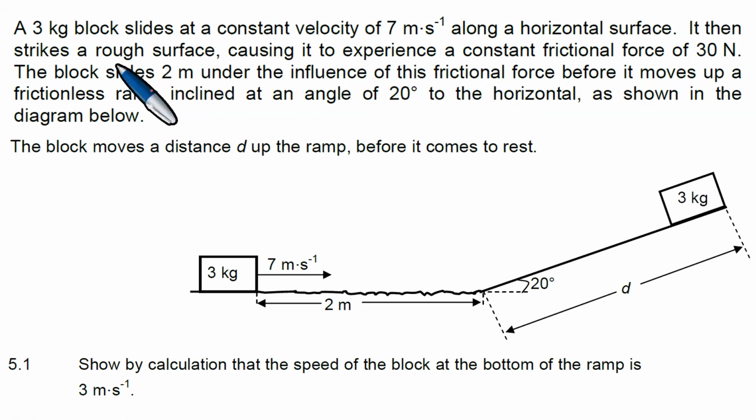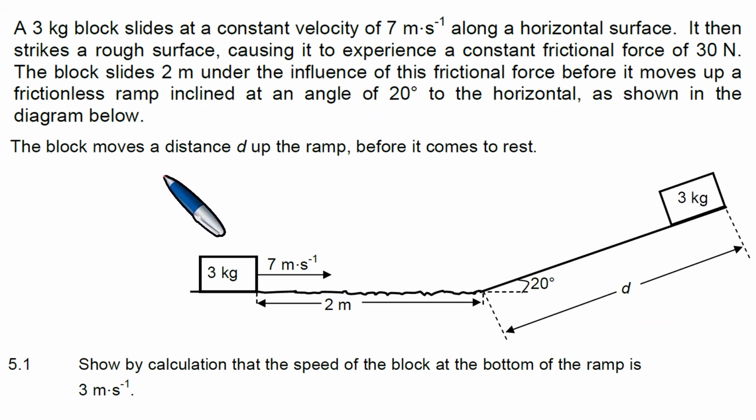It then strikes a rough surface, causing it to experience a constant friction force of 30 newtons. The block slides 2 meters under the influence of this friction force before it moves up a frictionless ramp inclined at an angle of 20 degrees to the horizontal, as shown in the diagram below.